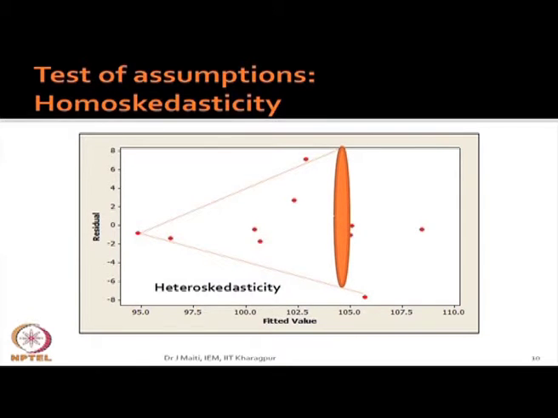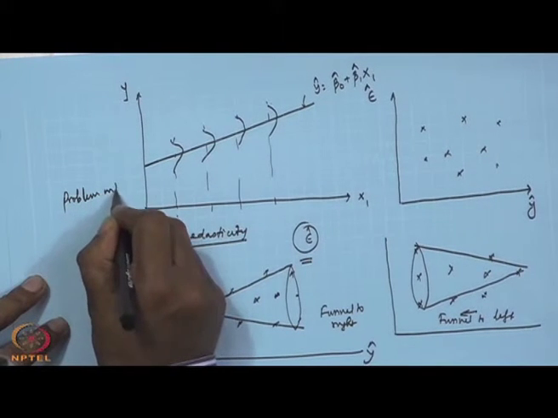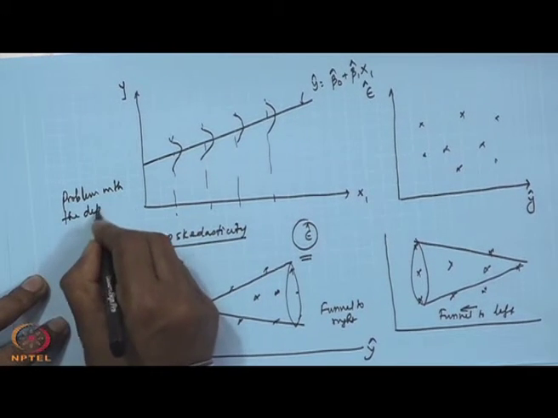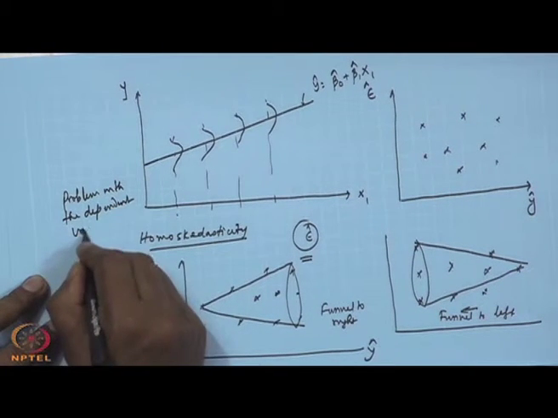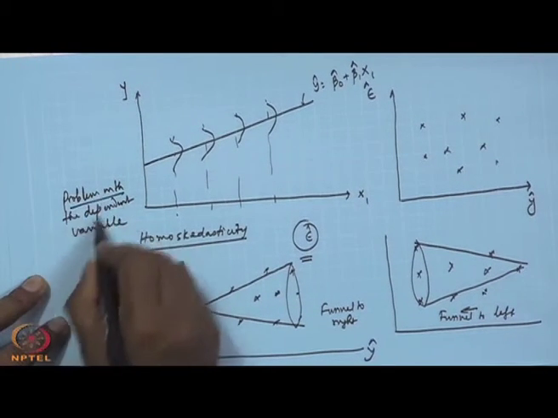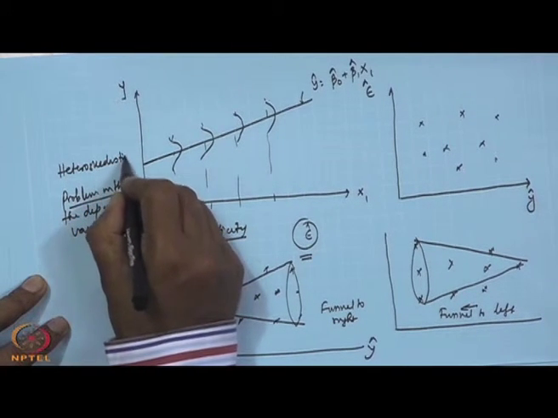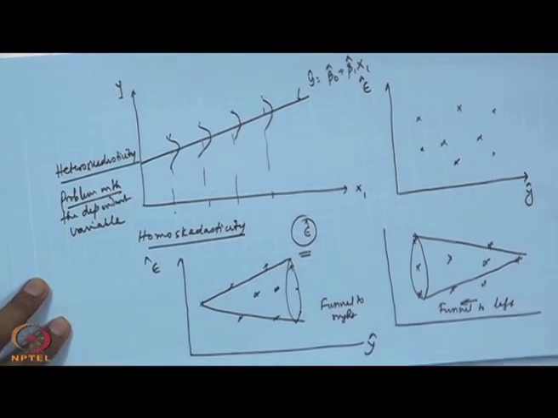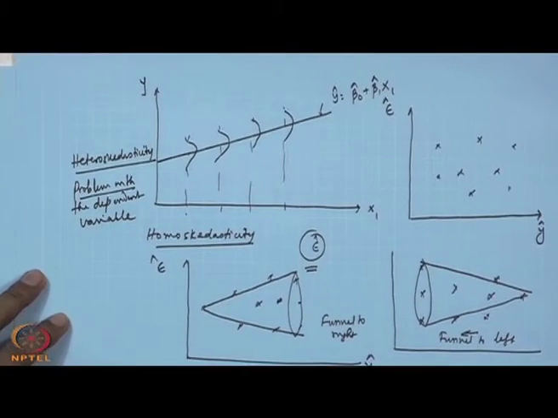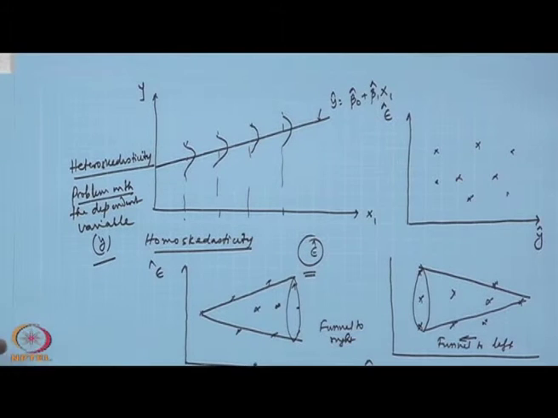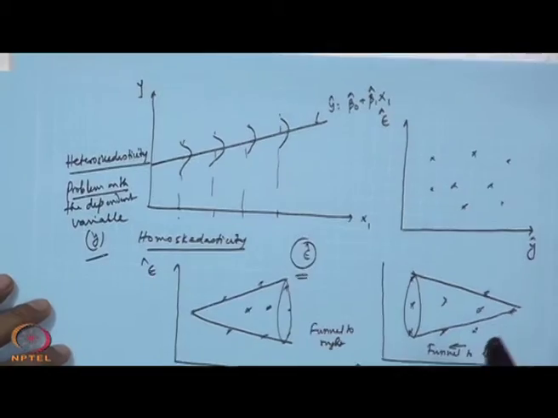Heteroscedasticity is a serious issue and it is a problem with the dependent variable y. Later on we will see the remedy. Under remedy we have to transform y.